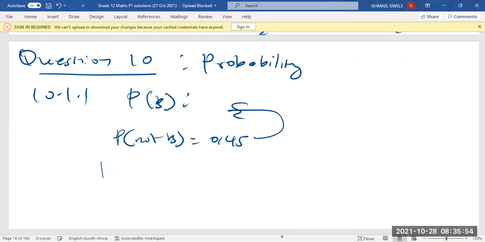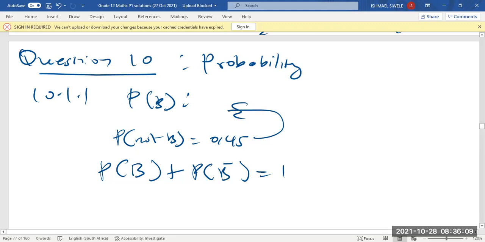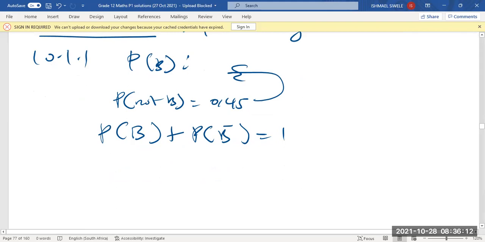In what sense? We know that the probability of event B plus the probability of not event B is always equal to 1, right? So if that's how it is, then we want the probability of B. So it means the probability of B plus the probability of not B. You can also write it in this way that I've put it here.